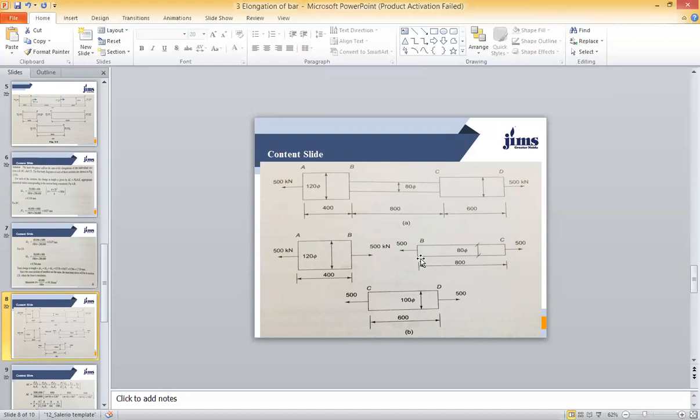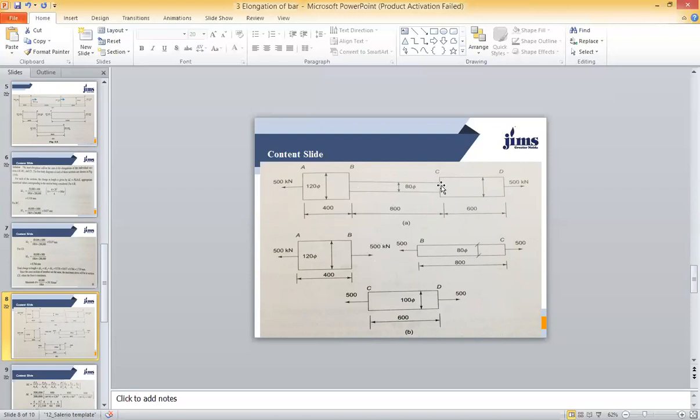Okay, when the diameter is different and the load is the same, say there is a load of 500, then I apply 500. You have to balance the load and simplify. So I have to apply 500 on this surface and 500 on this surface. The total force is 0.